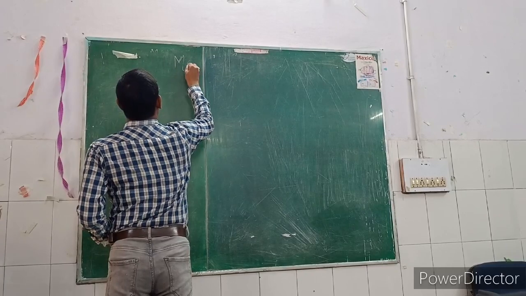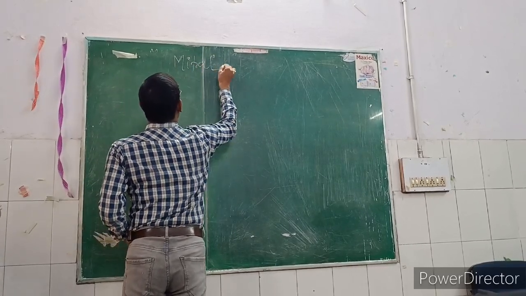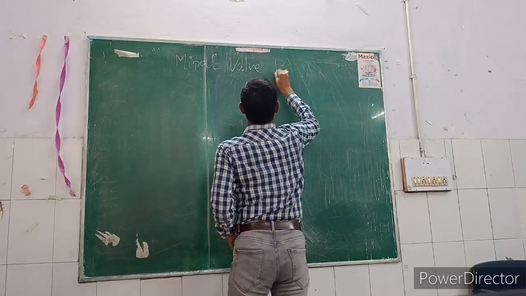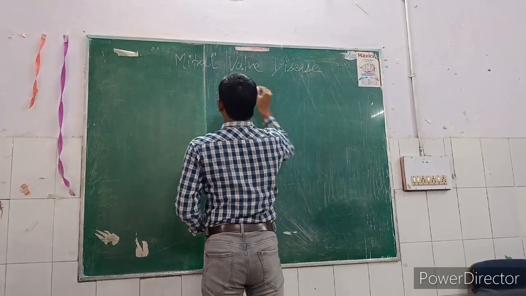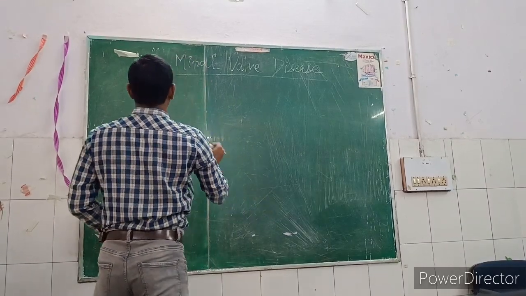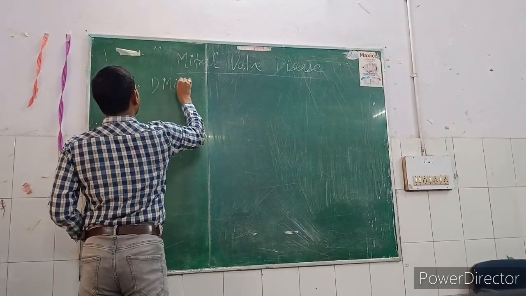First of all, we will start with the mitral valve disease. This will be of two types. One is mitral stenosis.